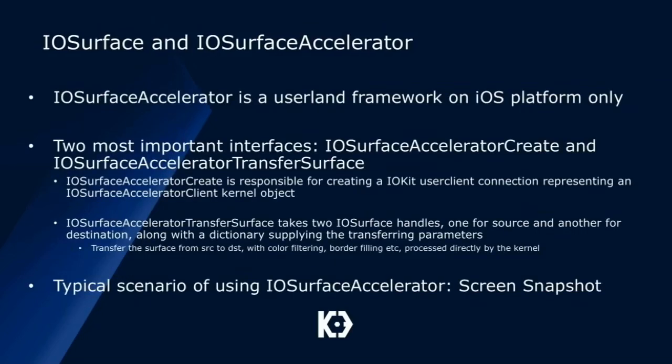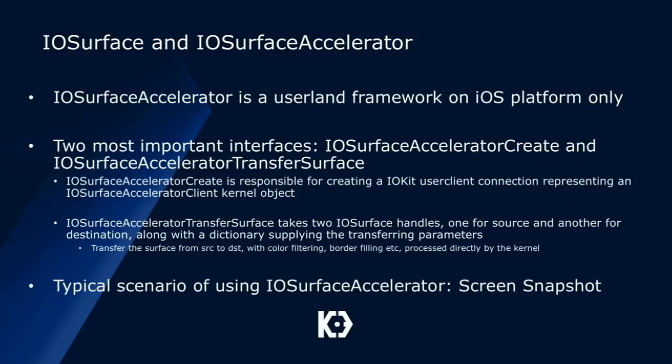And the second framework is the IOSurfaceAccelerator. It's a kind of Userland framework that exists only on the iOS platform. There are two important interfaces: one is IOSurfaceAcceleratorCreate, and the other is IOSurfaceAcceleratorTransferSurface.